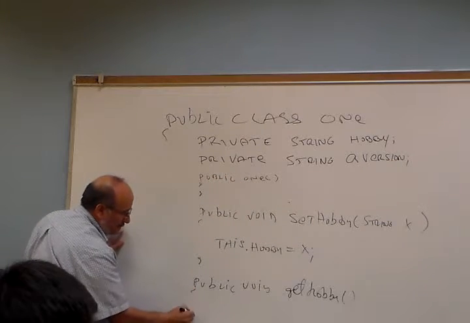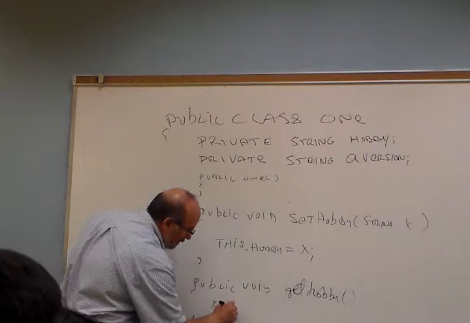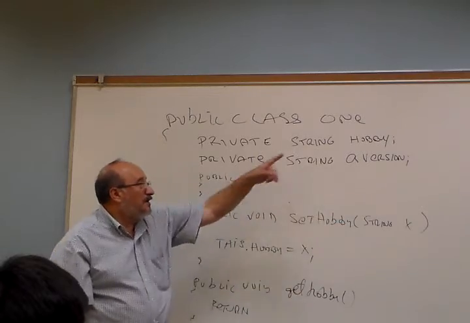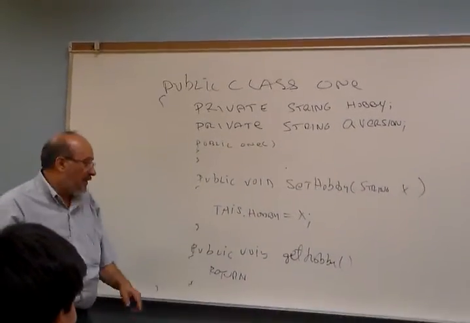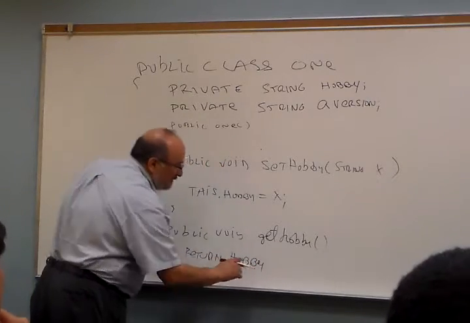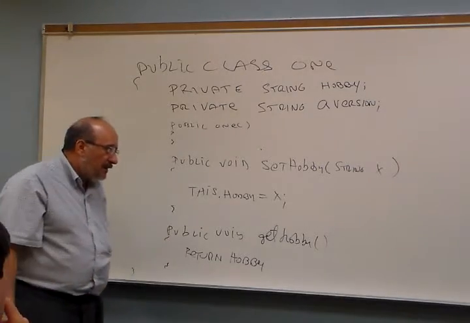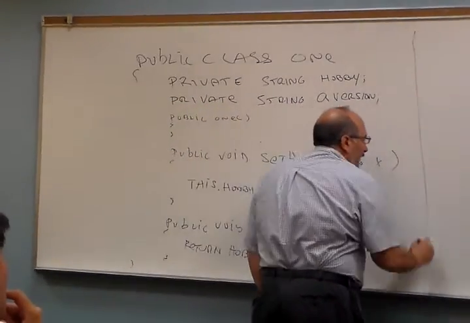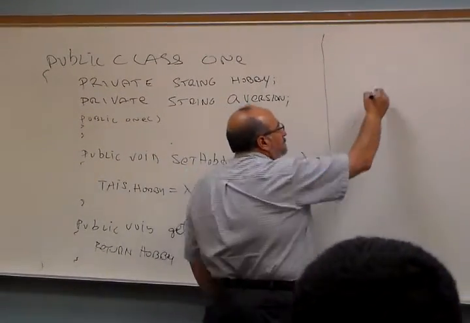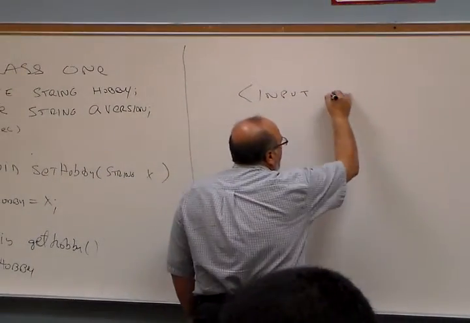And what do we do here? Return. What do we return? Do we return the X or do we return, let's say, hobby? Hobby, right? So far it's exactly the same. The difference is that on the other side of the coin, where you have the input, we have three things here, right?